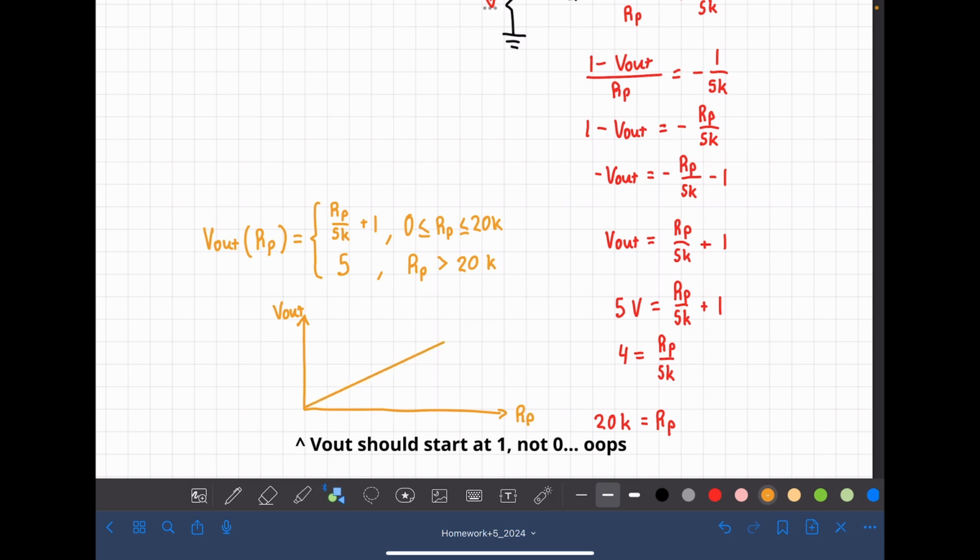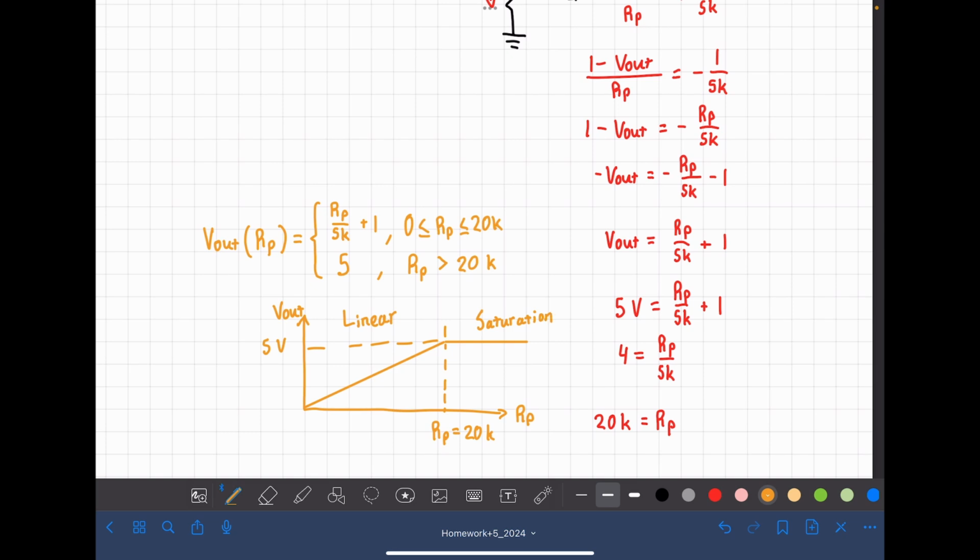But then once we reach that point where Rp is 20k and V out is 5 volts, that's where we flatten out and it just becomes 5 volts. So again, this is our linear region, and this is our saturation. Alrighty, that's all.